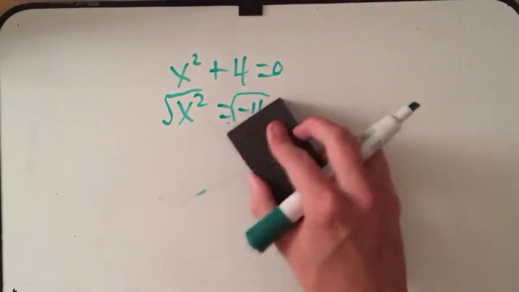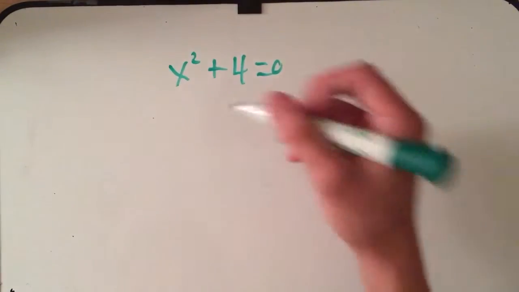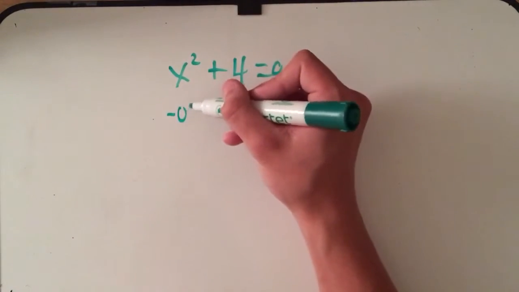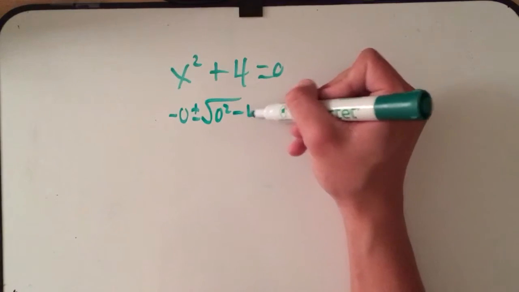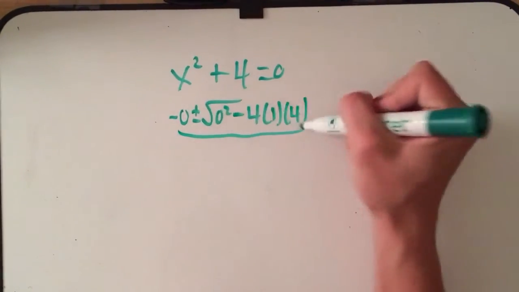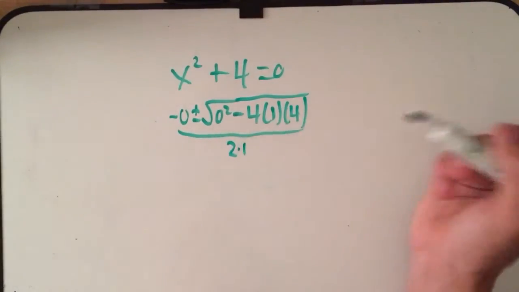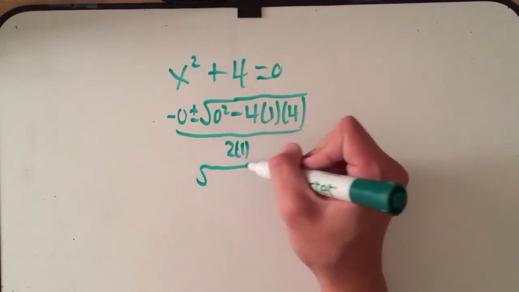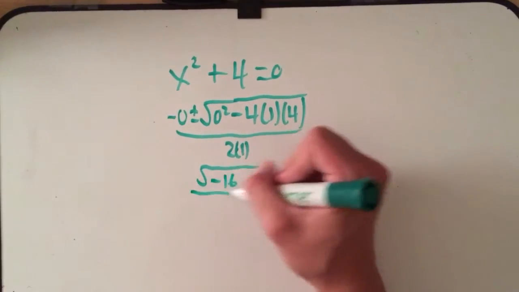So let's go ahead and solve this one using the quadratic formula. So negative b, so that's 0, plus or minus square root of 0 squared minus 4ac, all over 2a. So 2 times 1. So that'll give us square root of negative 16 over 2.